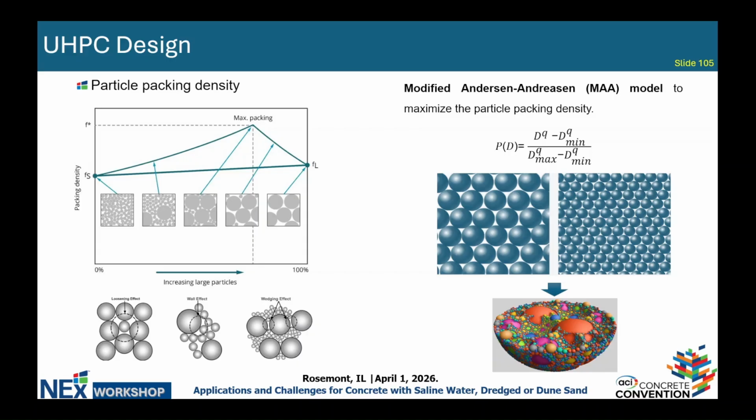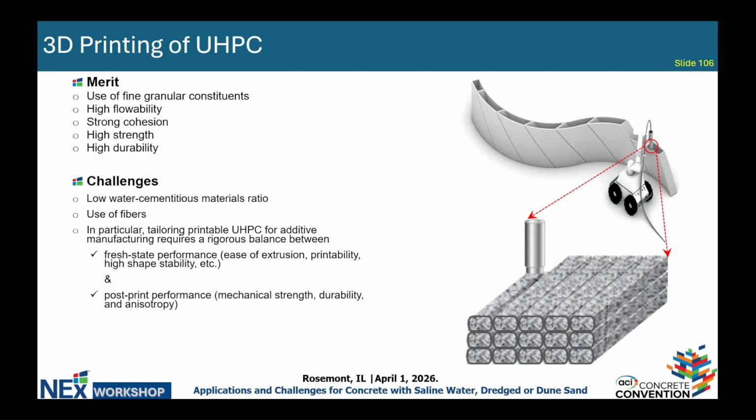So in order to improve the packing density of the particles in the UHPC system, we need to use multiple sized materials with well-controlled gradation. A quite straightforward and effective way to guarantee the optimization of the particle packing density is using the modified Andreasen and Andersen model, which can help you determine the desired proportioning of the materials selected for the UHPC, and at the same time reach the maximization of the particle packing density.